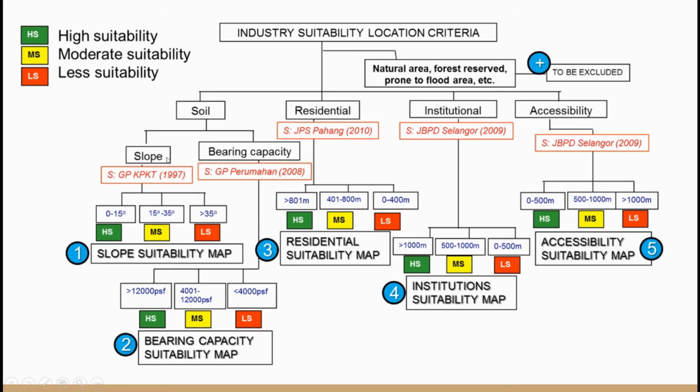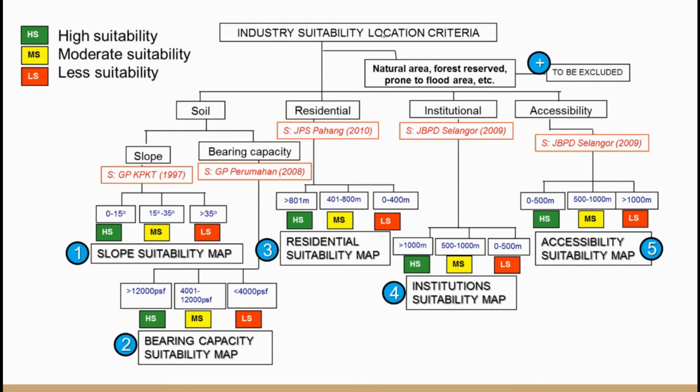Kita pergi pula yang kedua. Okay, kita ada bearing capacity suitability map. Sama juga kita ada high suitability, moderate suitability dan juga less suitability. Okay, ini kita menggunakan garis panduan perumahan 2008. So every factors and parameters must support with law, with journal or guideline atau garis panduan lah.